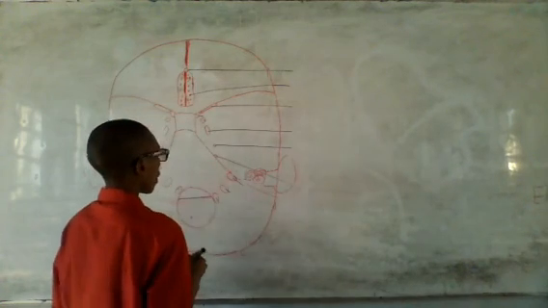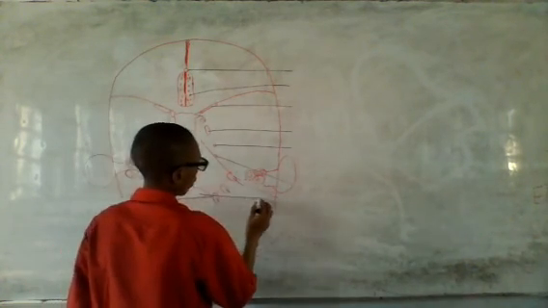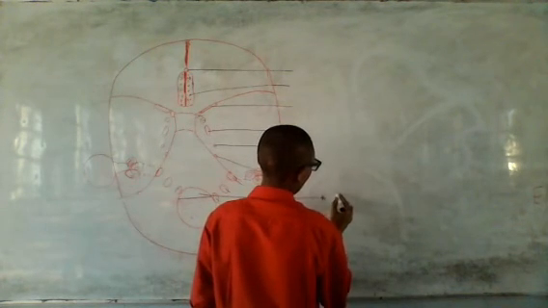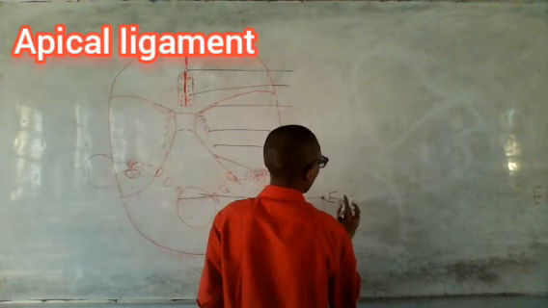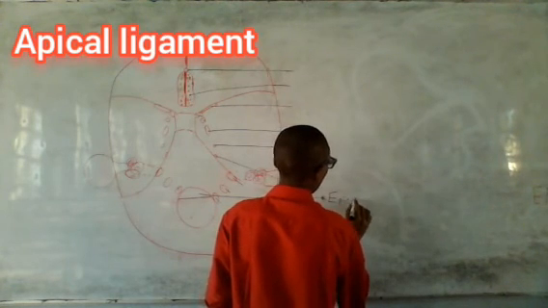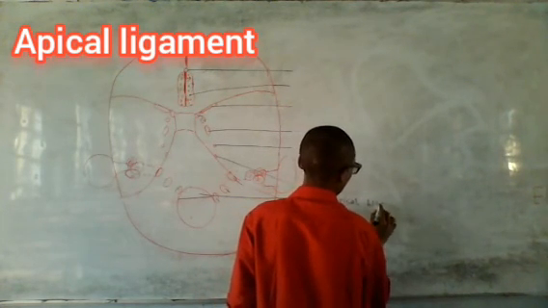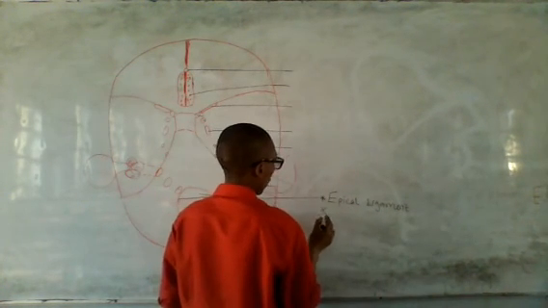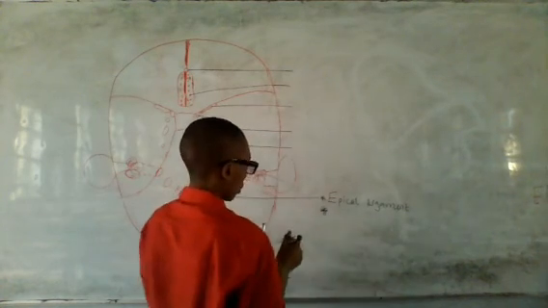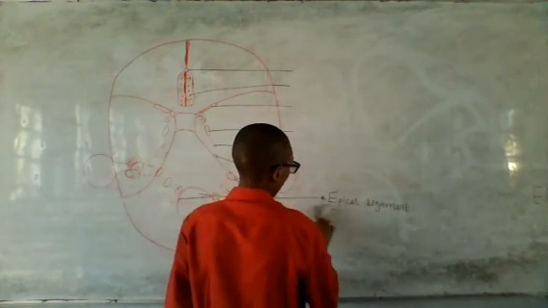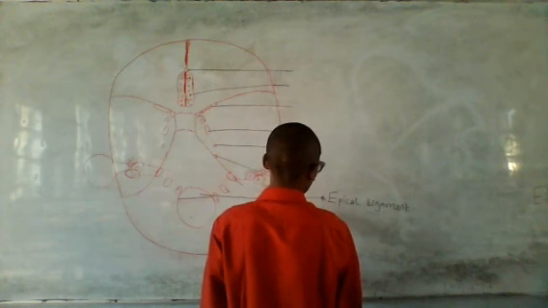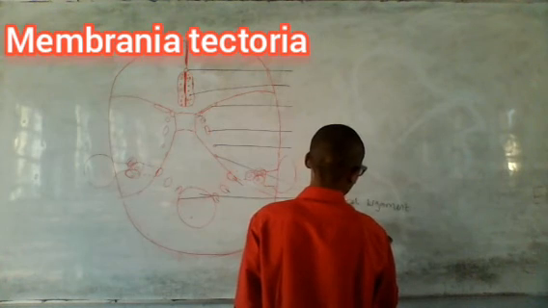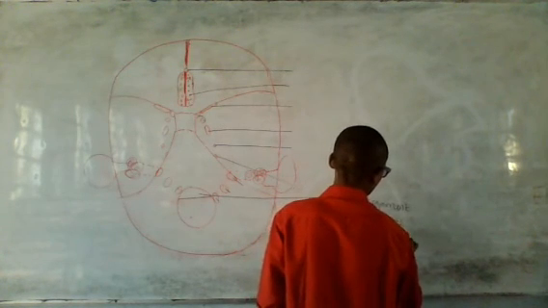So one of the structures that pass through this part, the anterior compartment, is the apical ligament. Another structure that passes through it is the membrana tectoria.